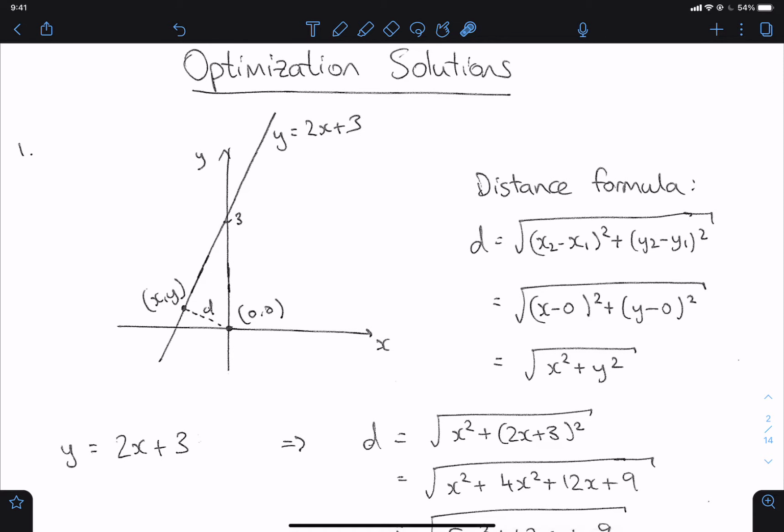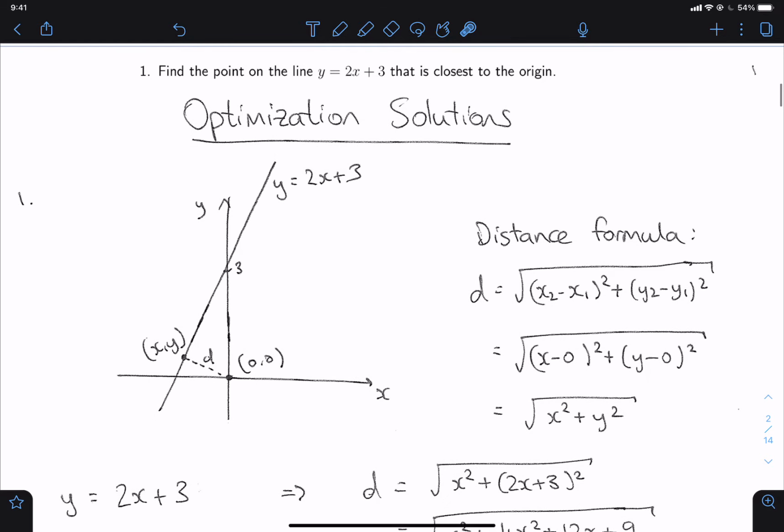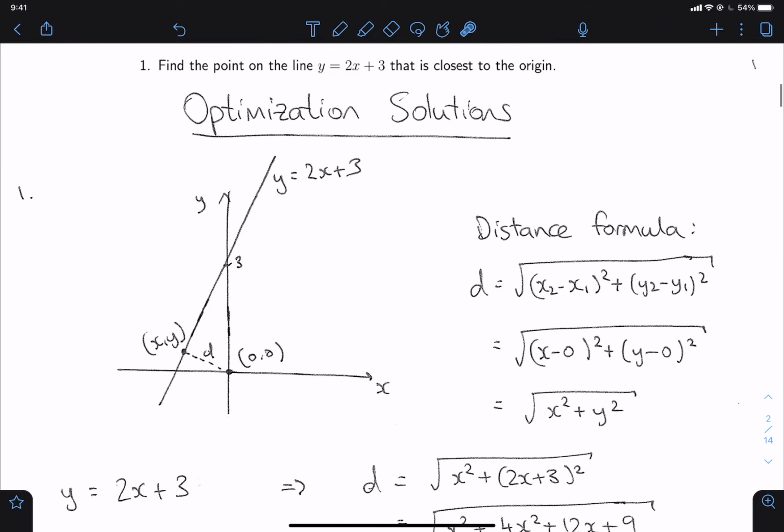We're gonna go from the distance formula because we're looking for the distance, right? So the distance is the difference of the x coordinates and the difference of the y coordinates, take the squares, add them up, and then take the square root. That is the formula from the textbook.